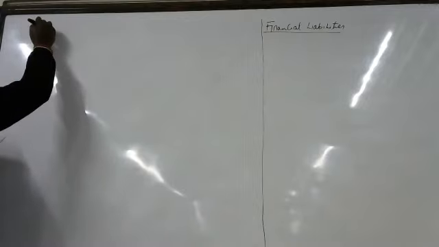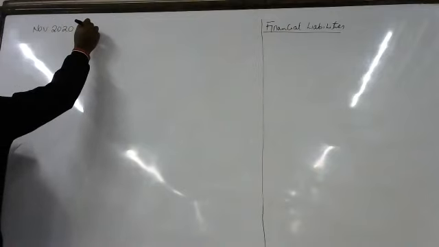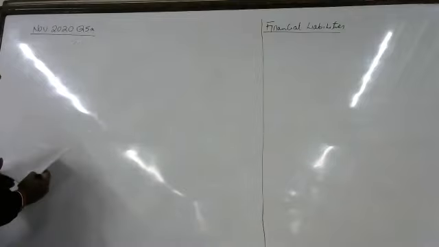One, how do we initially measure financial instruments? Initial measurement, because that is the starting point. Then subsequent measurement. That is simply what is being tested. November 2020, question 5.